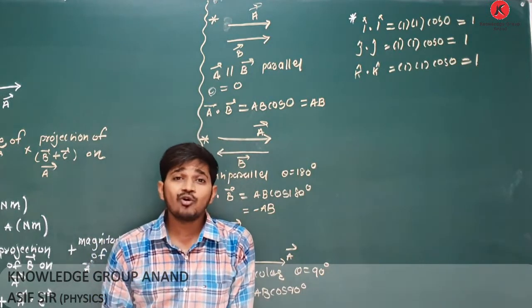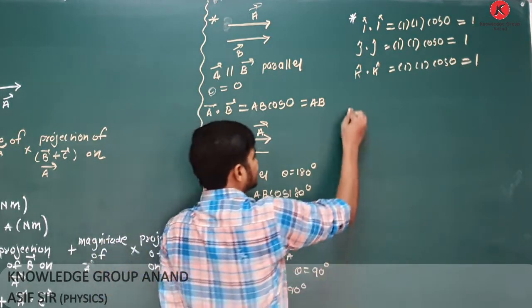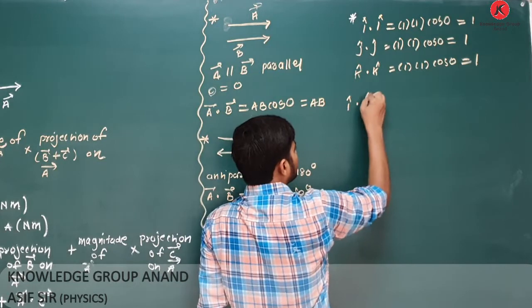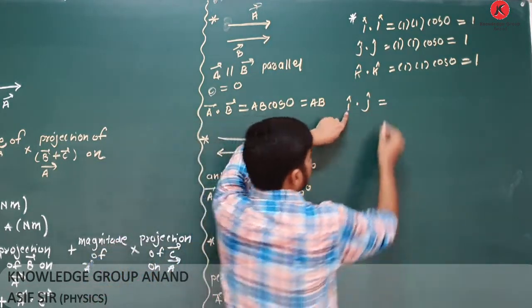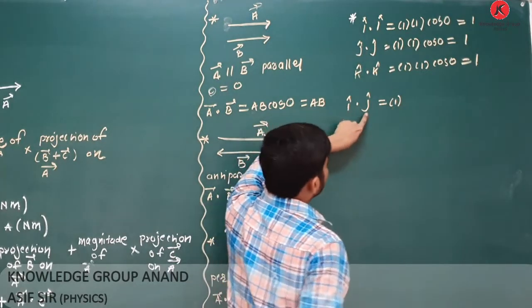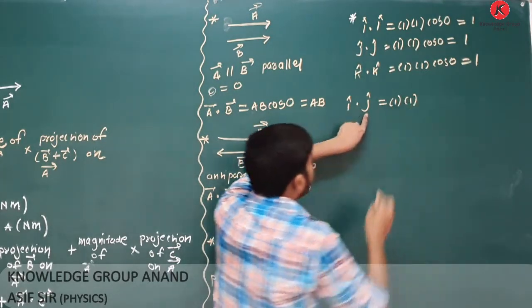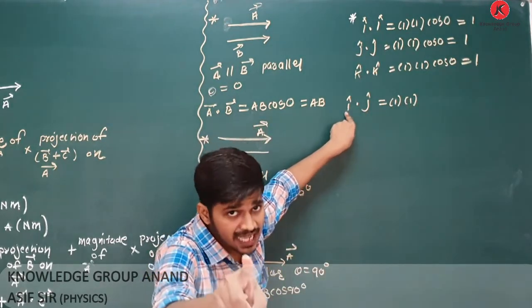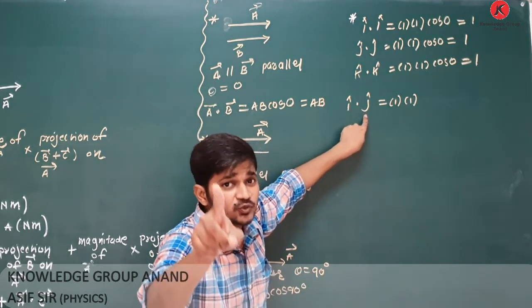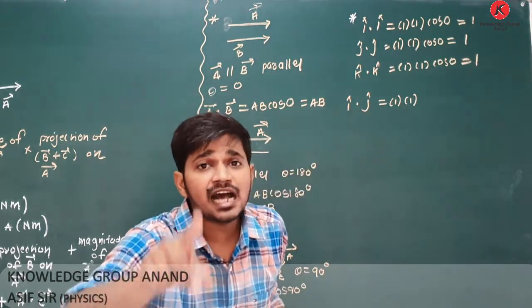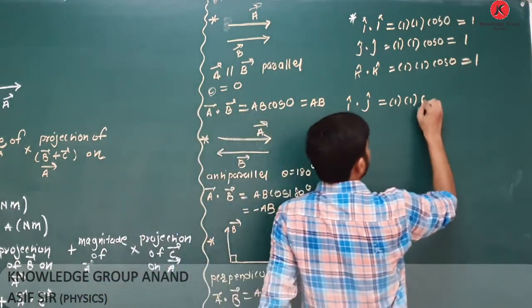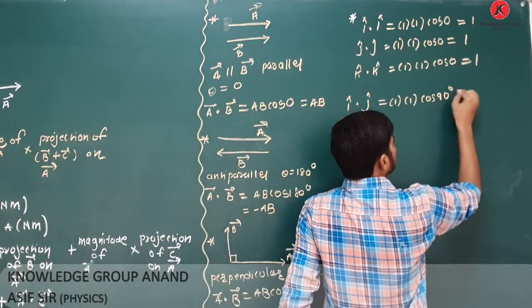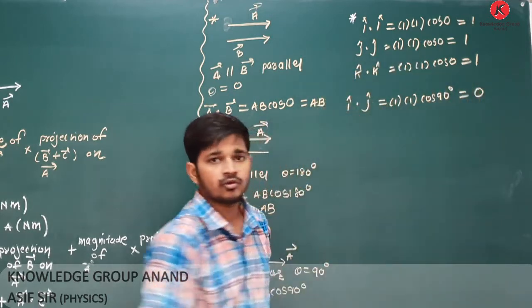But now if we have i caret dot j caret: i caret has magnitude 1 and j caret has magnitude 1. I caret means the x direction and j caret means the y direction, and they are perpendicular to each other. What is the angle between them? 90, and cos 90 is equal to 0.